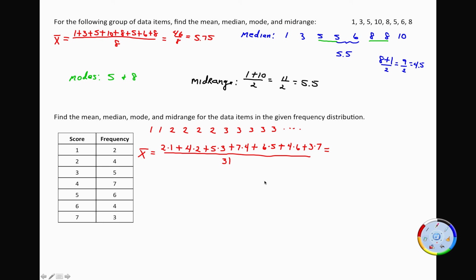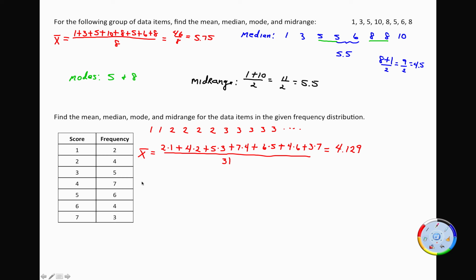And I'm going to plug that in my calculator. 2 plus 8 plus 15 plus 28 plus 30 plus 24 plus 21 and divide by 31 to get 4.129, dot, dot, dot, let's round to 3 decimal places, for the mean.